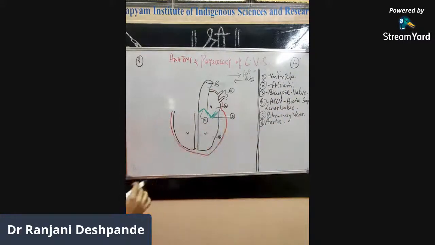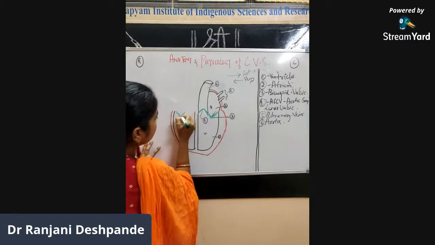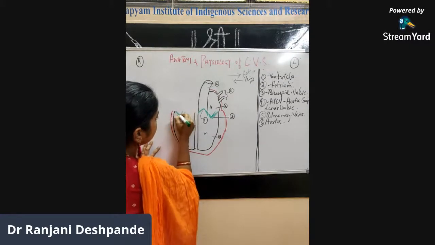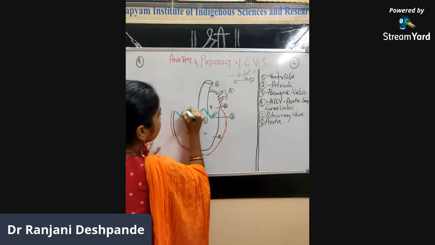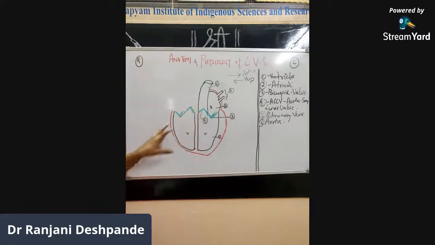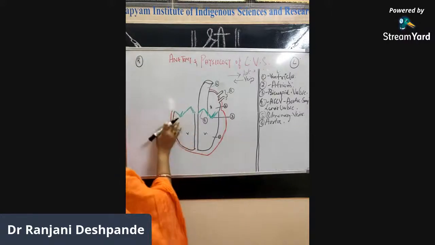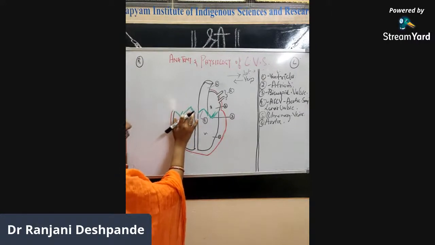Okay. Now moving into the right side of the heart. Again we have the same scenario here. At the border of the ventricle, we have two valves, one facing downwards and the other facing upwards.